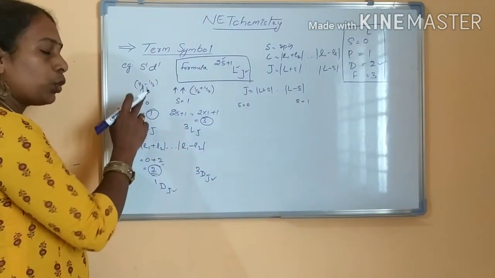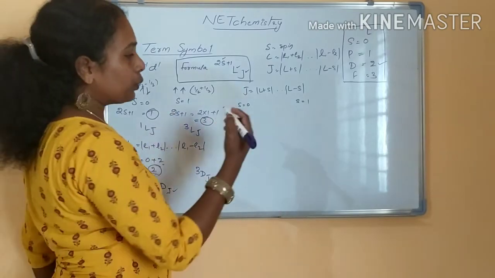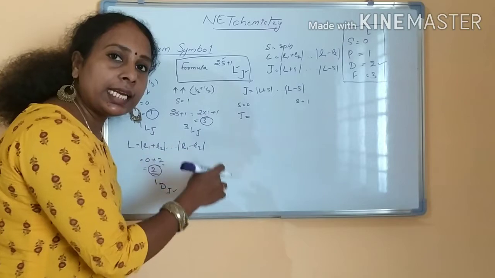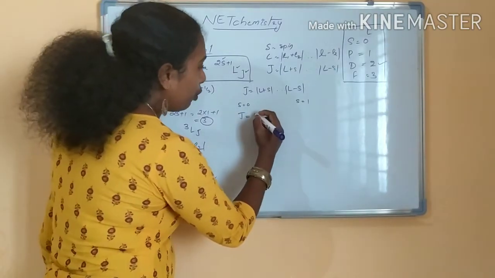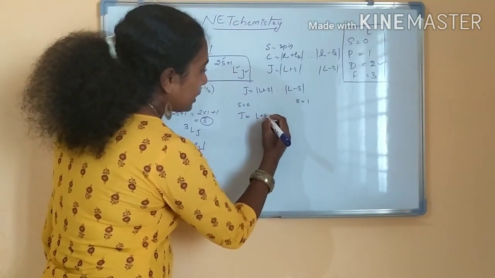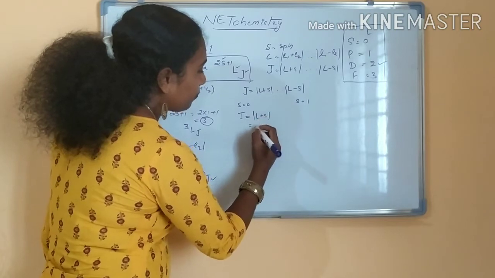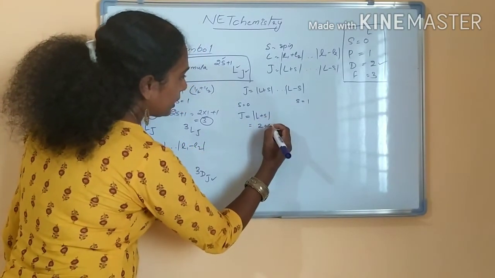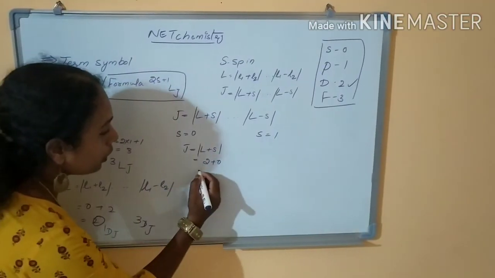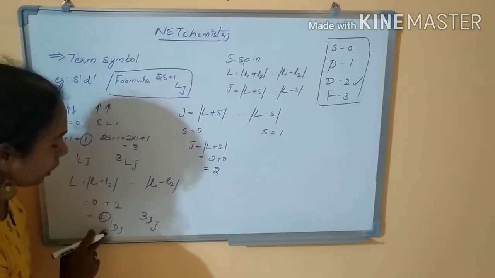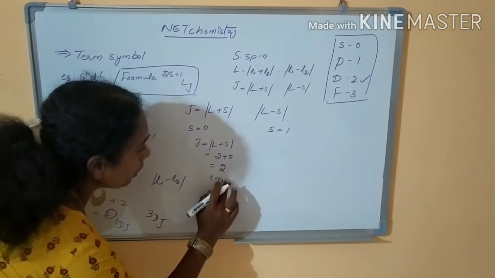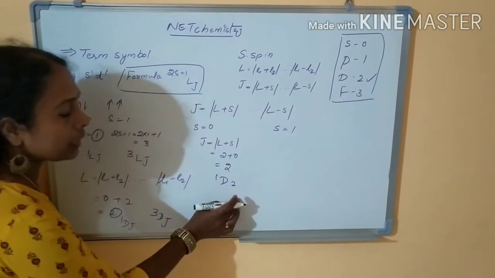So we will substitute both S values. First, in the singlet state I am calculating the J value. L plus S: L is 2 and S equal to 0, so 2 plus 0 equal to 2. Substituting for 1DJ, the J value is 2. So 1D2 for the singlet state.